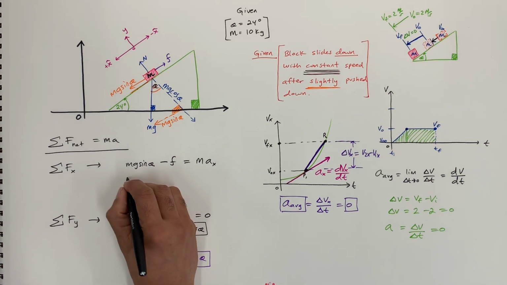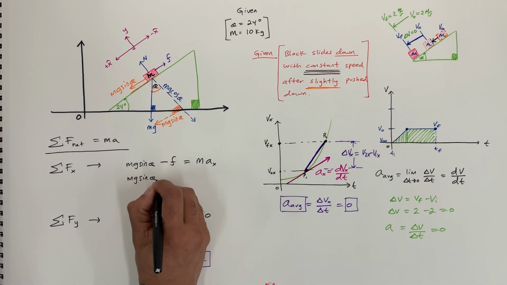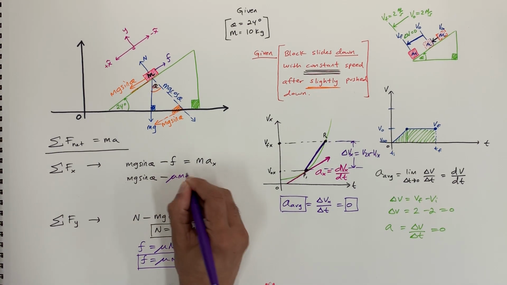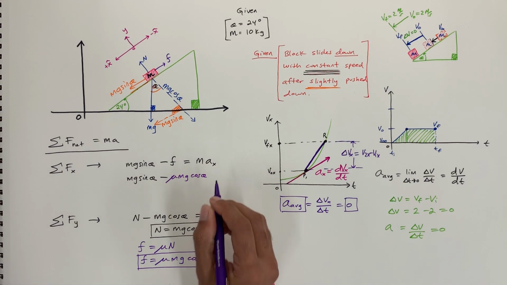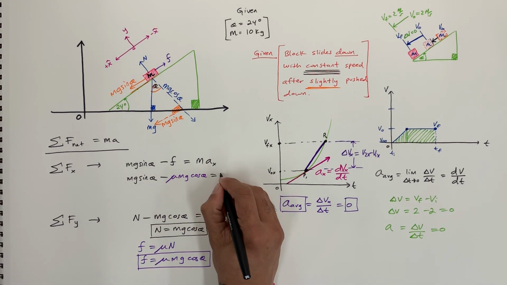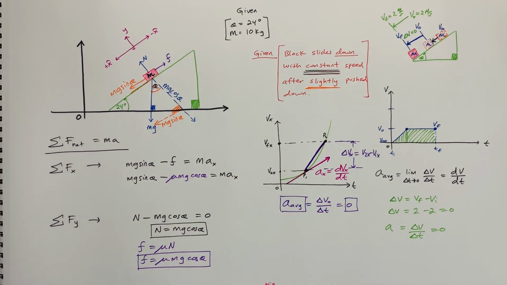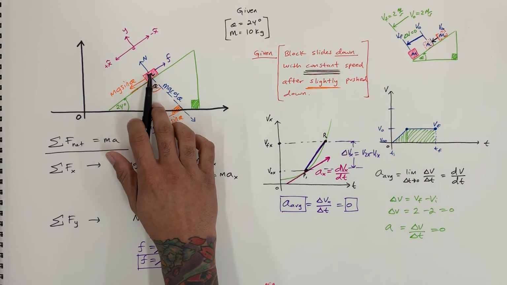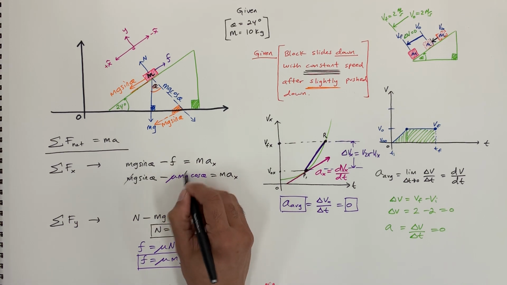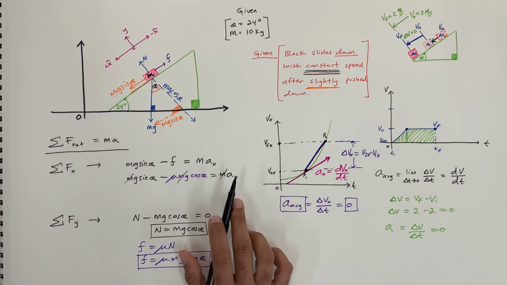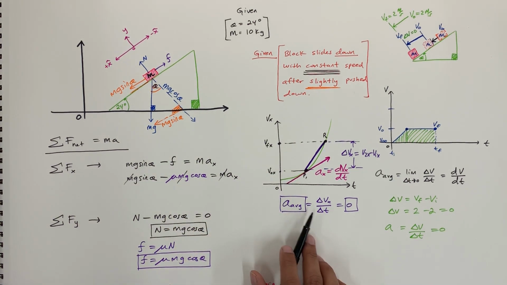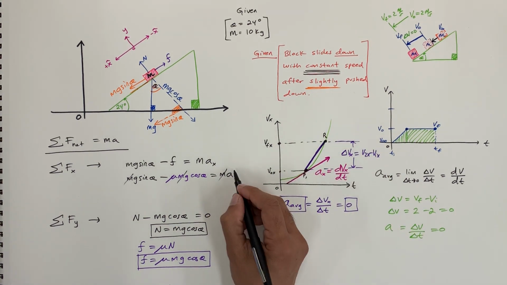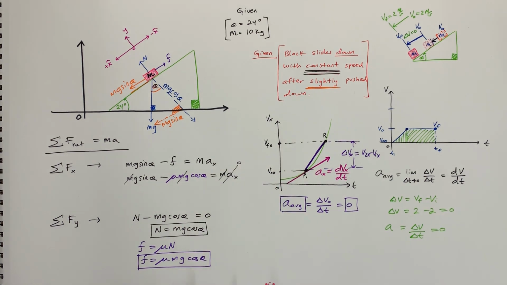And so we're going to get mg sine theta minus mu mg cosine theta, and that's all equal to m times acceleration in the x. The masses are all the same because we're only dealing with one object here. Also remember that our acceleration in the x is 0 because we're at a constant speed, so there's no change in our velocity, and so this side here is going to be 0.